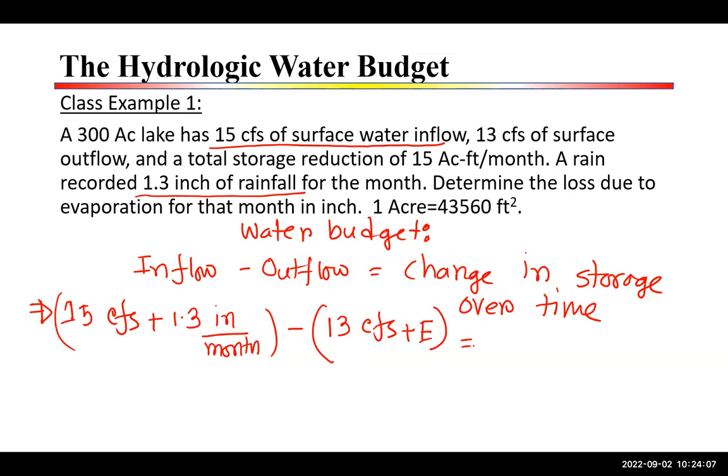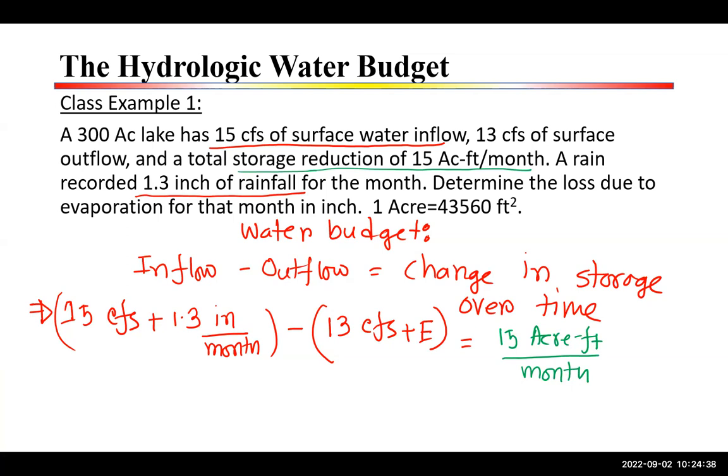And do we know the change in storage over time, which is the total storage reduction, 15 acre feet per month. When it says storage reduction, that simply means the evaporation and the surface outflow were higher than the incoming flow. That's why the storage is getting reduced over time, right?